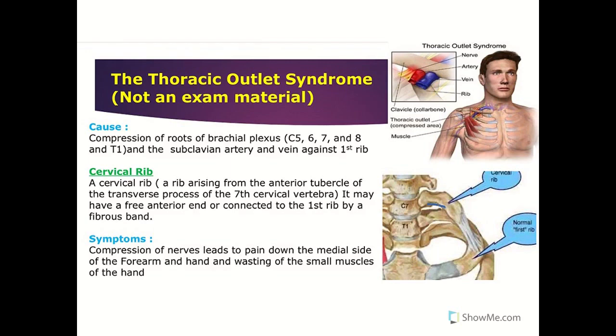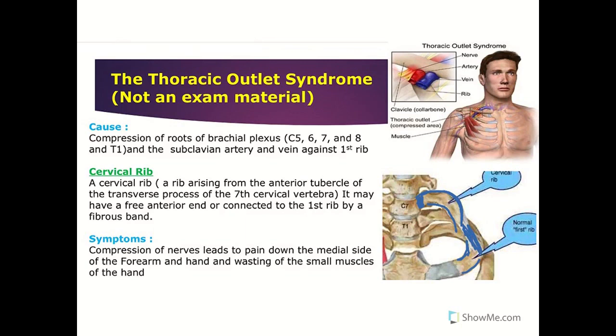This extra rib emerges from, or is attached posteriorly to, the body of the last cervical vertebra. It is not present in, let's say, 99% of the population, and anteriorly it is attached to the first rib, as you can see here, by this ligament.